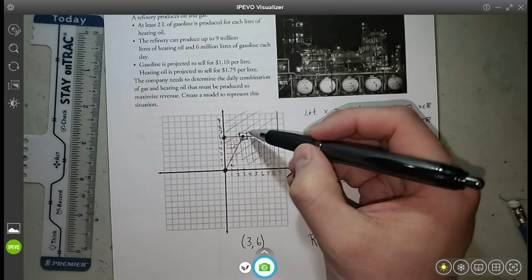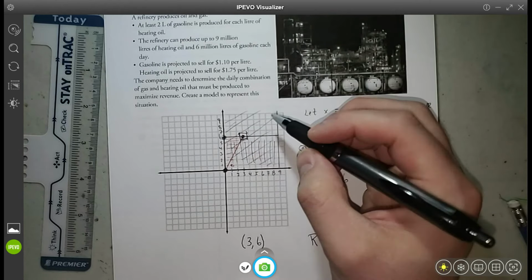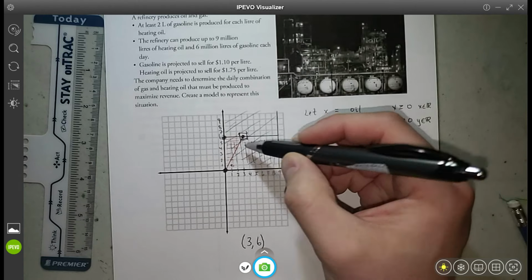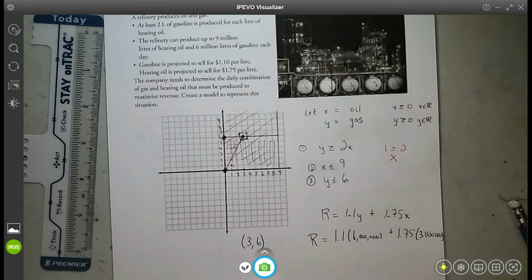In this case, we can pretty much be guaranteed that that's going to be our maximum solution. In other examples, we may actually have to check all of the 3 points, but for our intents and purposes, we know that 3, 6 will be our best solution.